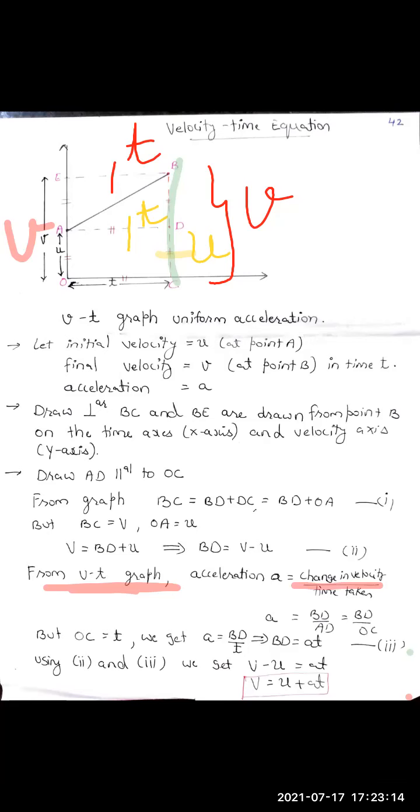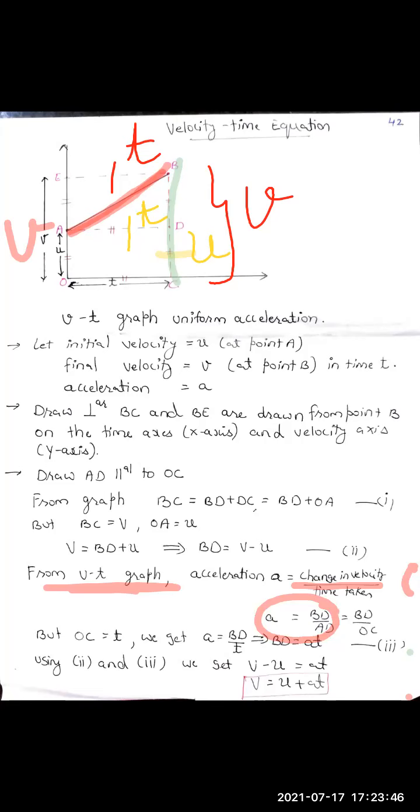From the graph, the change in velocity is the change in y coordinates, that is BD, upon the change in x coordinates, that is AD. So from the graph, acceleration equals BD by AD.